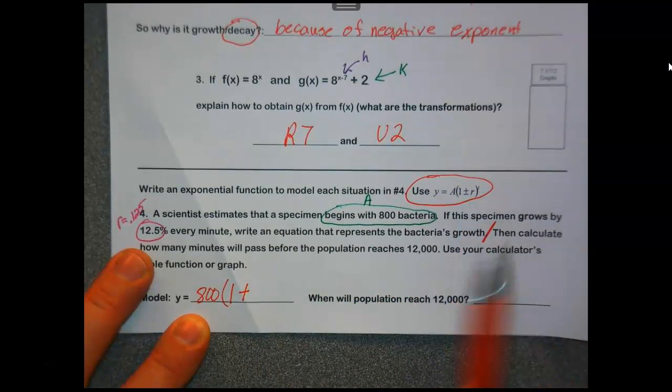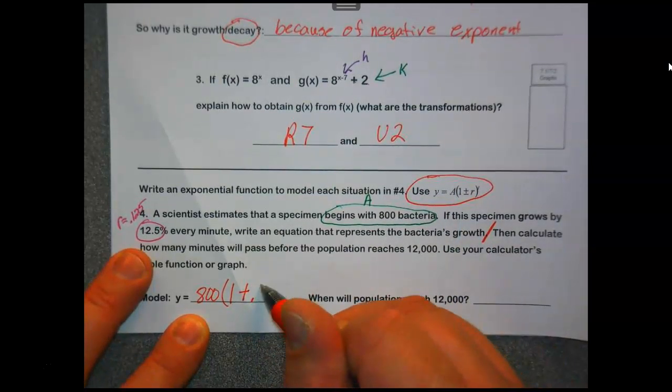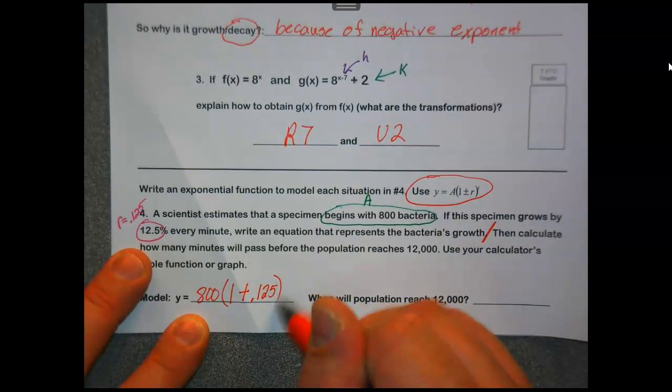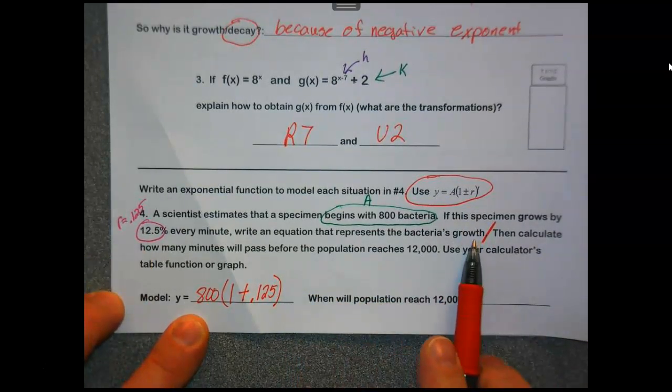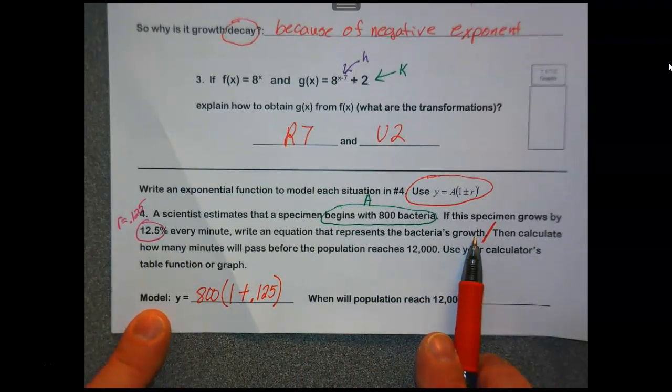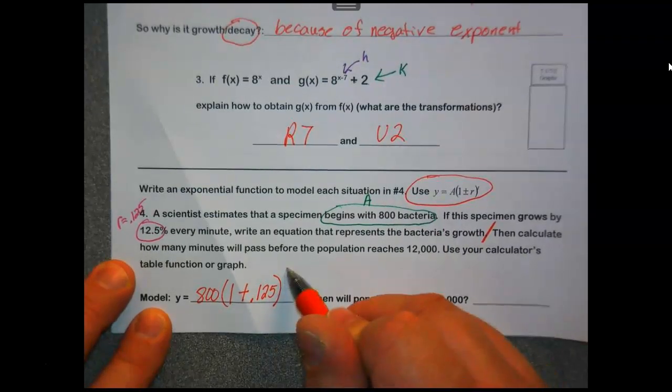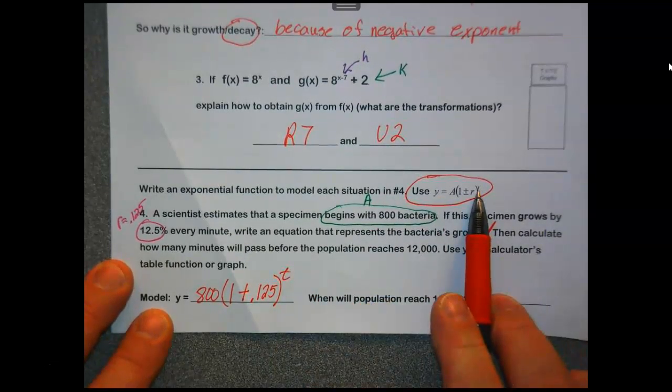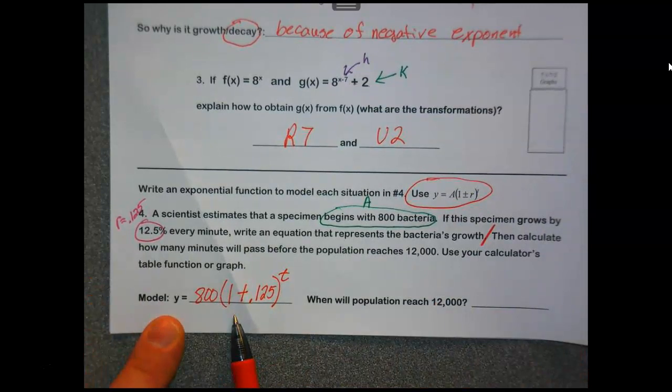Our R, 0.125, raised to the, well, it's a model, it's an equation, so I have to have my variable, t. I'm going to leave the t in there.